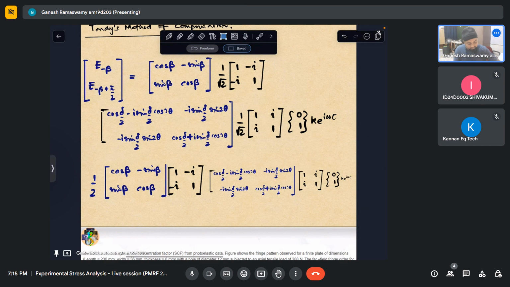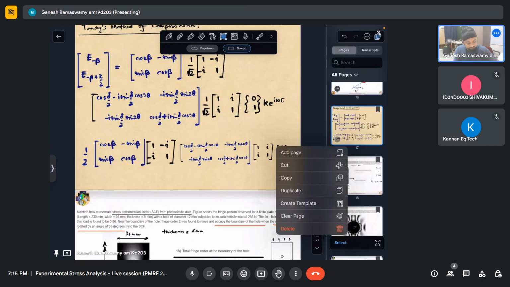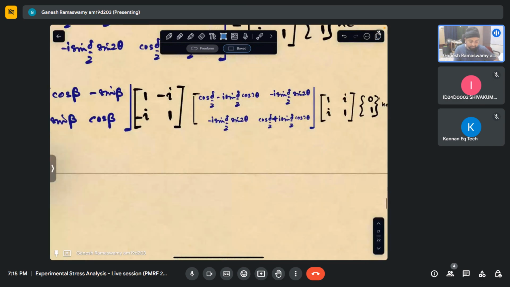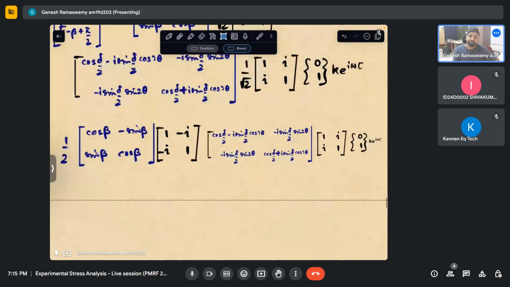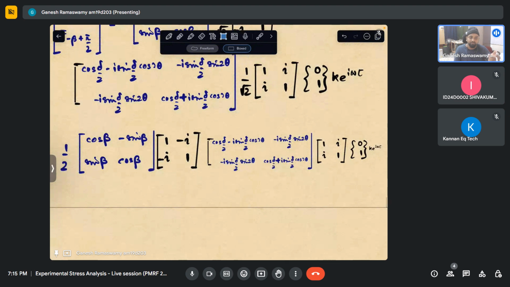Now, let us say that instead of doing this entire activity, first, what I did is I found out the isoclinic angle at that point and I aligned the entire polariscope to that isoclinic angle. Let us say it was 30 degrees, so I put the first polarizer at 90 plus theta, whatever that was.